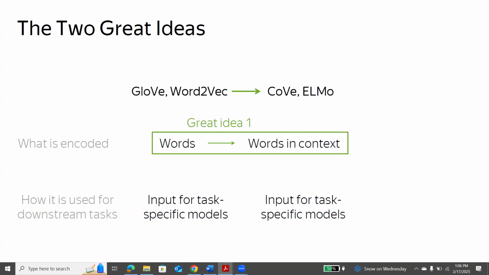This is the first great idea: to use word embeddings specific to our context.